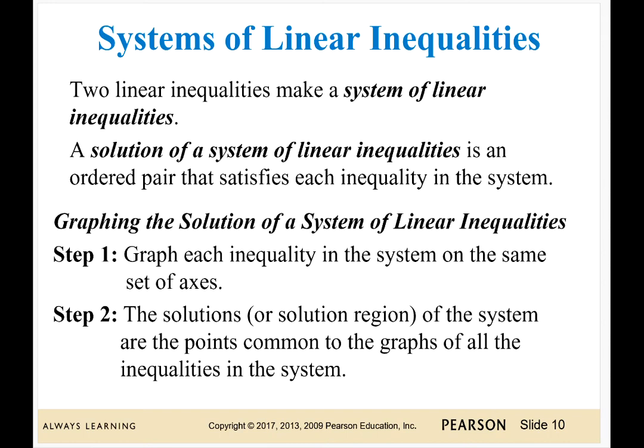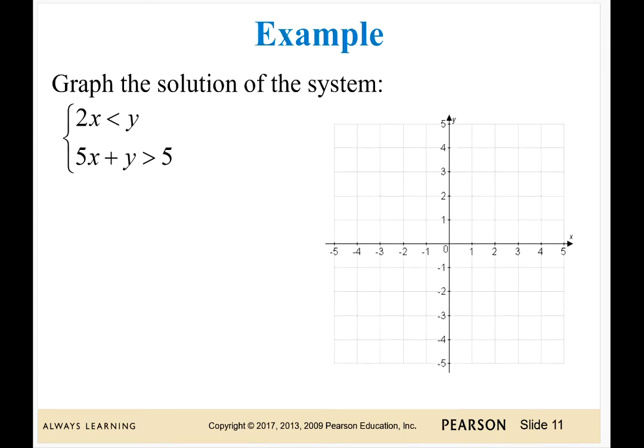And then the solution is going to be the place where they overlap. So you're going to have the overlapping shaded areas. Those answers in that double shaded area are going to satisfy both inequalities at the same time. And that's what we want, because if you have a system, your answer has to satisfy both of the equations. Let me just show you a little bit easier.